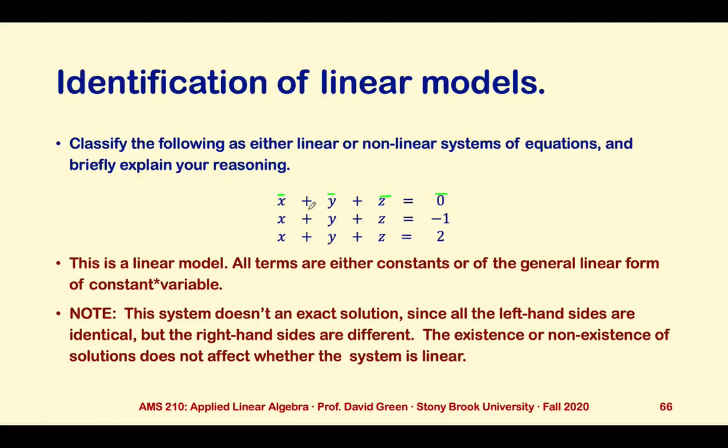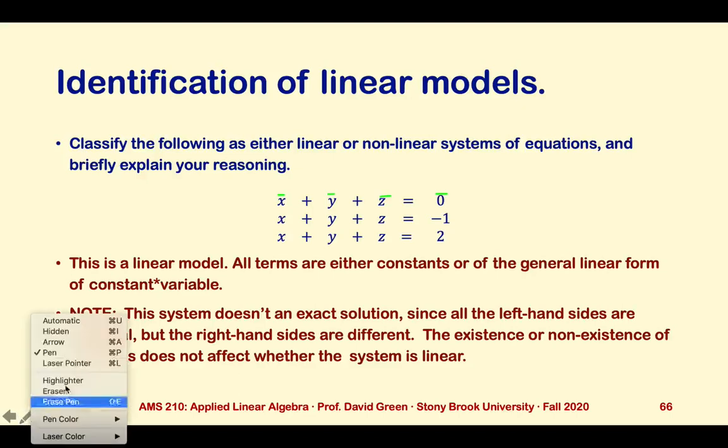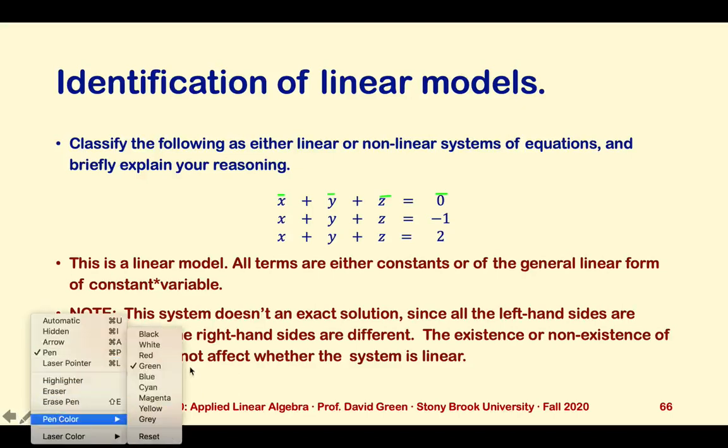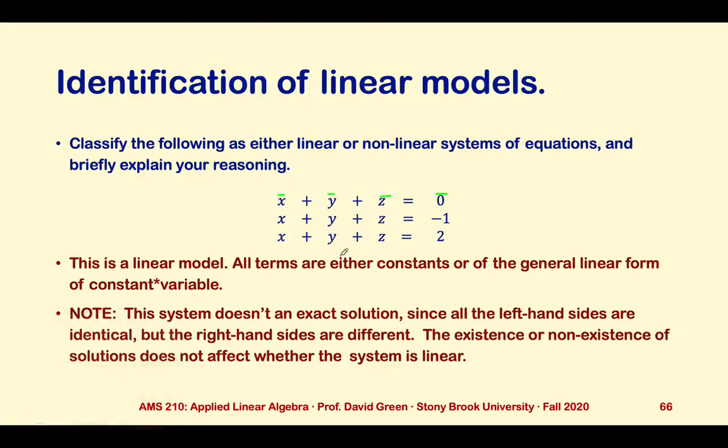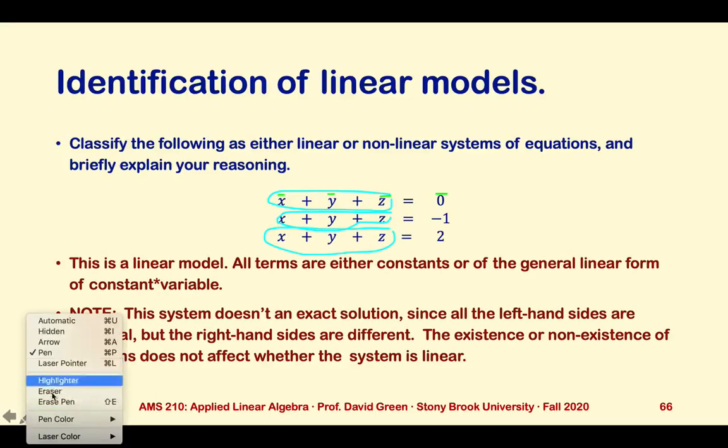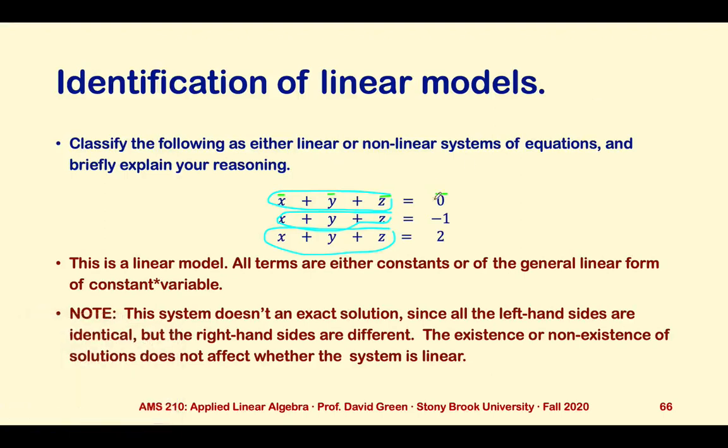You might have looked at this system and said, there's something wrong with this system. If we take a look at these equations, we might note that the left-hand sides of all of these equations are exactly the same, but the right-hand sides are different.